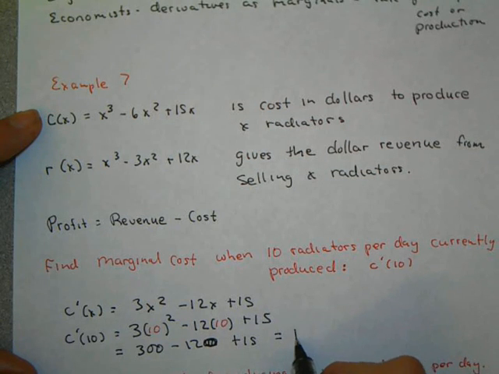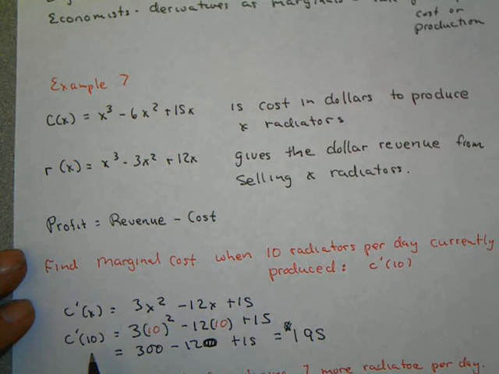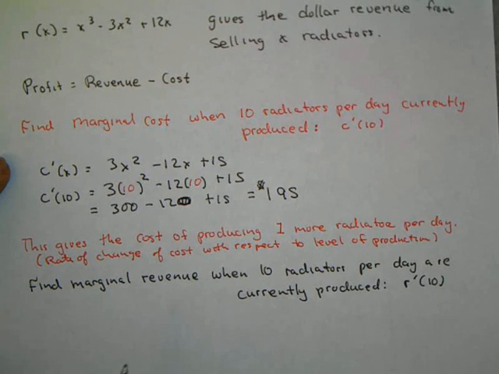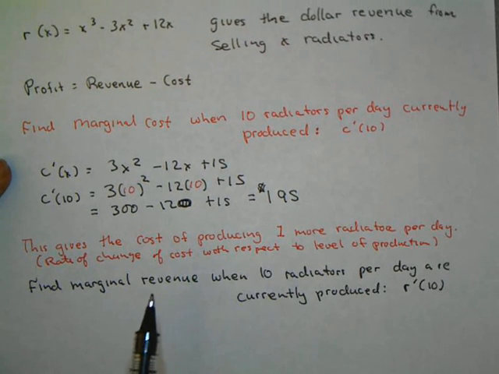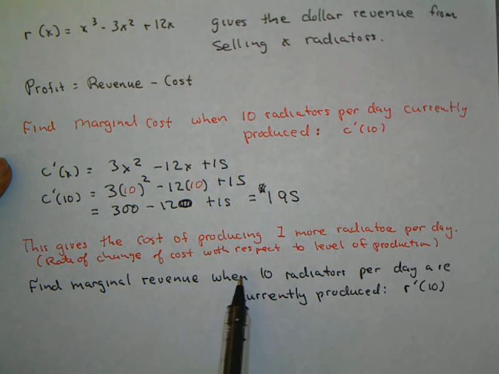So that's going to be 300 minus 120 is 180 plus 15, $195. So since we're already producing 10, this tells me if I wanted to produce one more, the 11th radiator would cost me $195. Okay? So that's the cost of producing one more radiator.